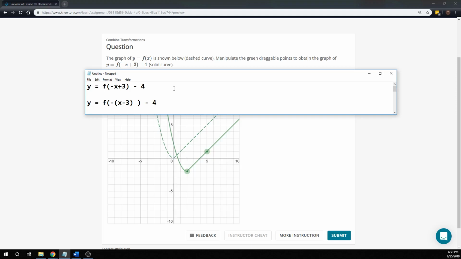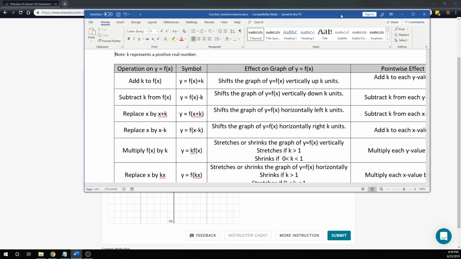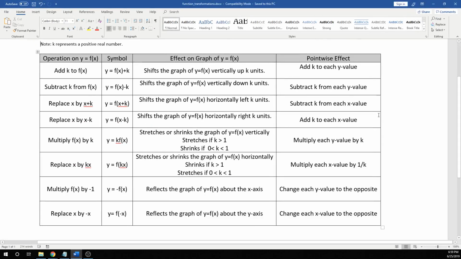The reason is, and that's a tricky part, we need to use these function transformations. These are the things that they talk about. All of the operations that we do in this particular section are on this list right here. So these are basically the allowable things that we can do. We can add a number k to a function.